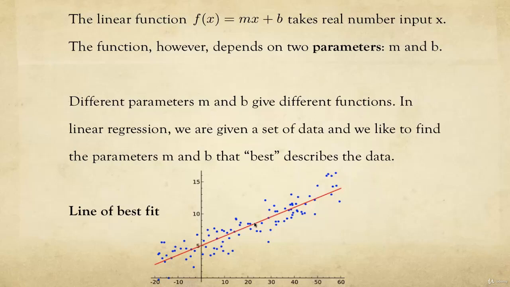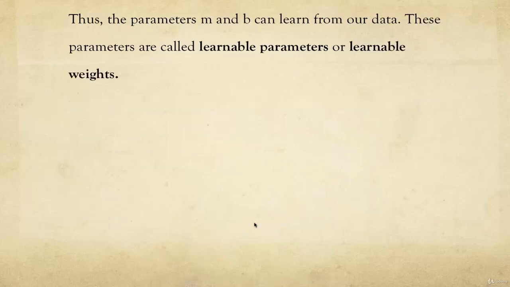And it turns out that linear regression is actually a very simple machine learning algorithm. So these parameters m and b can learn from the data. The parameters are also called learnable parameters or learnable weights because they can learn from data.